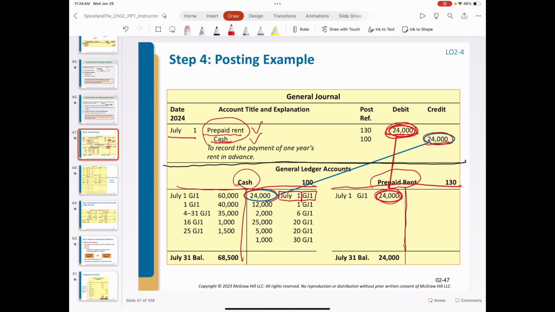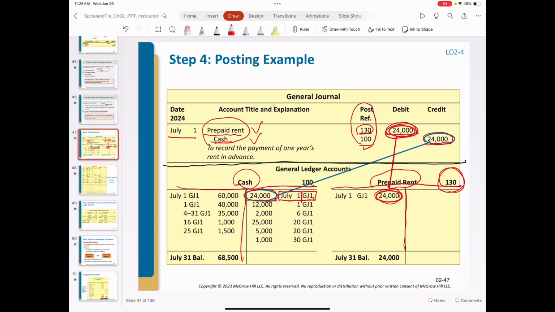and the page number of the general journal, page 1. We can easily track the information in the journal based on this information. Also, in the general journal for each transaction, we have a post ref. That means we can use this as a reference to find the information in the ledger. 130 is prepaid rent.